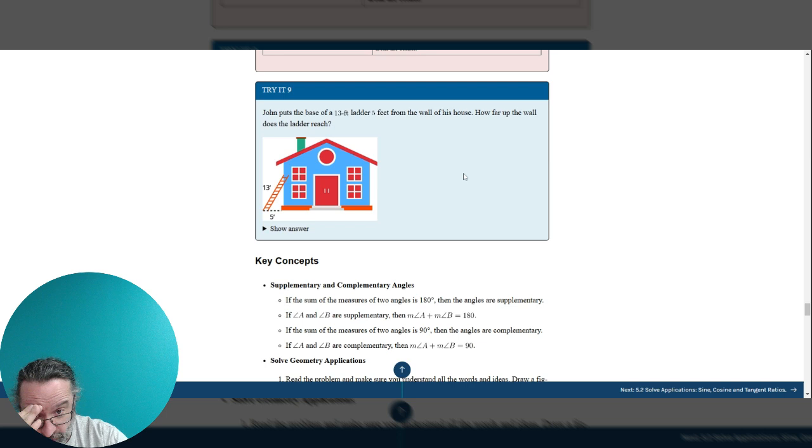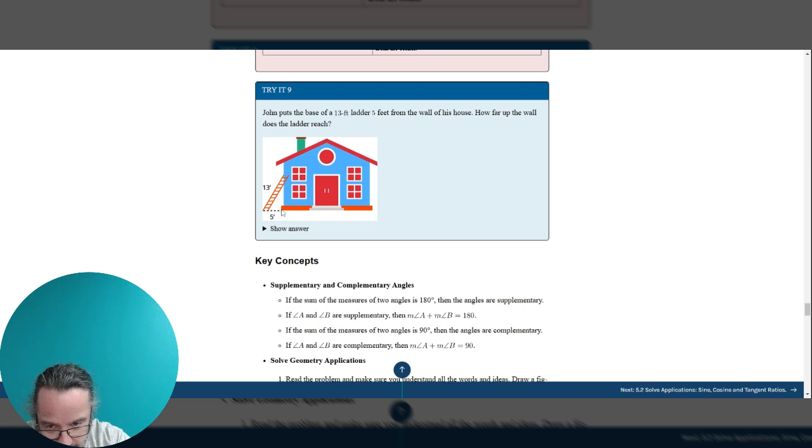Let's look at try it 9. John puts the base of a 13-foot ladder 5 feet from the wall of his house. How far up the wall does the ladder reach? We drew a diagram, a nice little house, and this 13 foot is the ladder. Our right angle is between the house and the ground, right where you see my cursor moving.